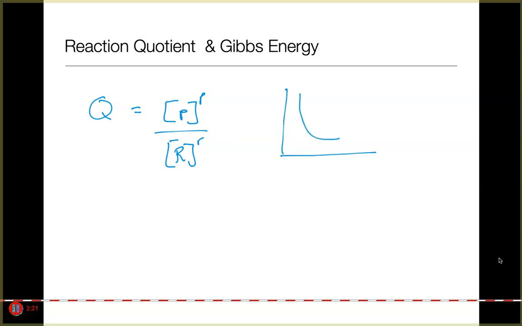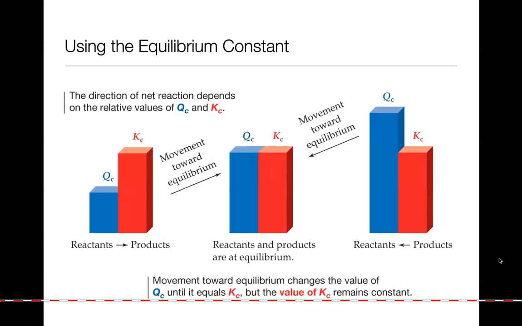You don't have to do it this way, but I find it the best way: getting comfortable using this quick little sketch to figure out if the reverse reaction or the forward reaction will dominate. So basically this is just another figure saying the same thing. If you want to think of it this way, that works as well. It's basically just another way to visualize that curve that I was showing you in the last example.